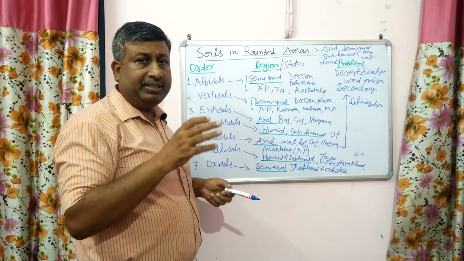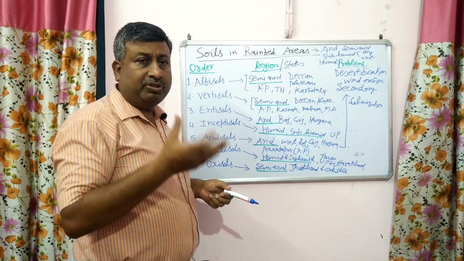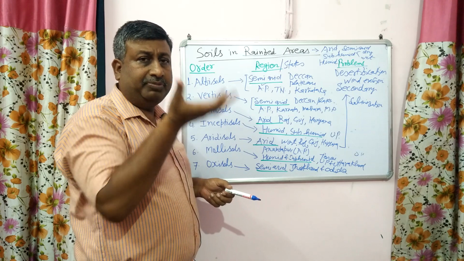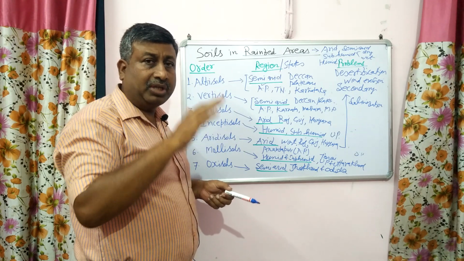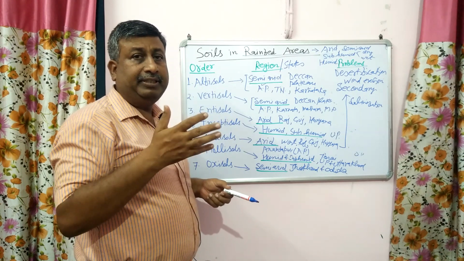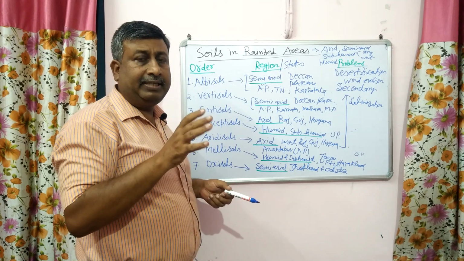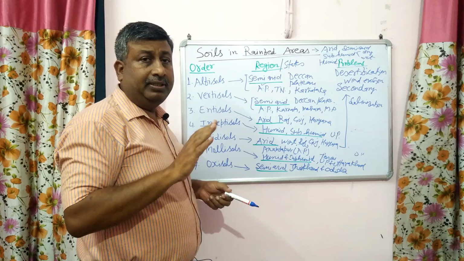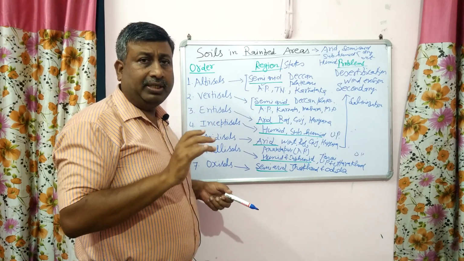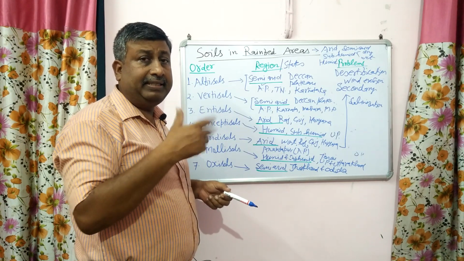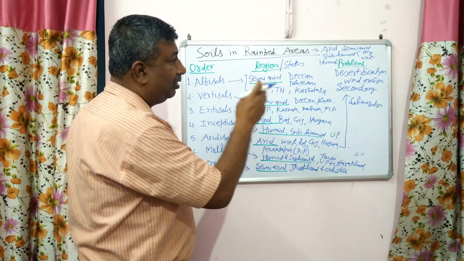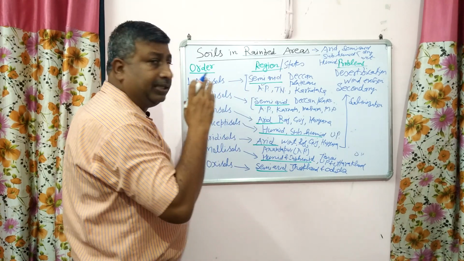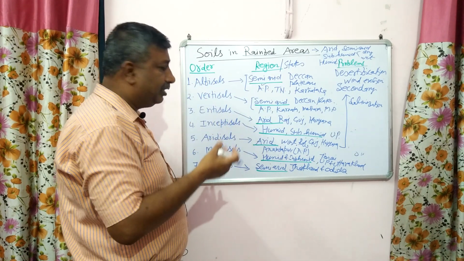Because of canal irrigation, there is seepage, and because of seepage, the water table rises, it becomes shallow. Then there is no leaching of the salt, so it creates salinity. So in canal irrigated areas, the nearby area is saline. This is secondary salinization. Second, if we are using poor quality, saline water for irrigation, then it creates salinity. So this is the problem of desertification, wind erosion and secondary salinization, besides poor nutrients and low organic matter content.